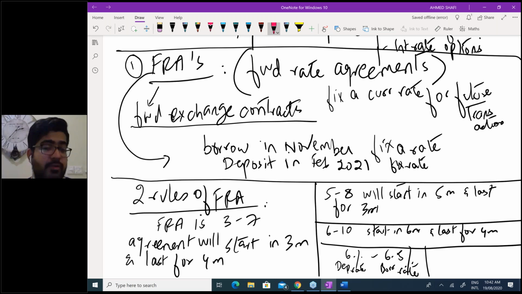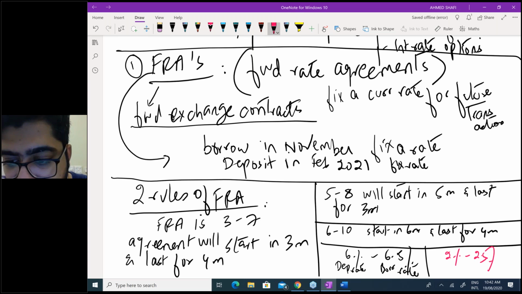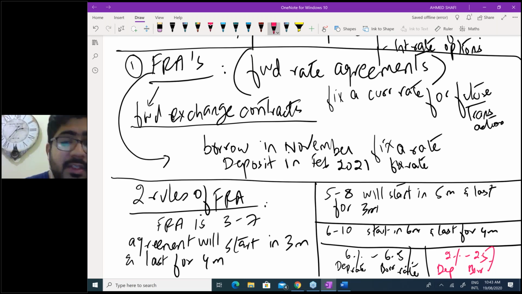It can't happen any other way. Like in currency rates, there was a chance that sometimes lower is buying, higher is selling, and sometimes higher is selling, lower is buying. No, in interest rates, the risk gets fixed. If there are 2 rates mentioned, 2% and 2.5%, remember always the lower is the deposit one, the higher is the borrowing one. It can't be the other way. The higher can't be deposit, the lower can't be borrowing.